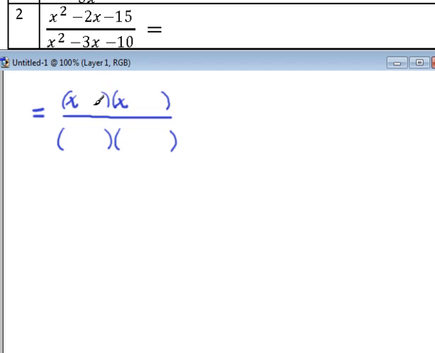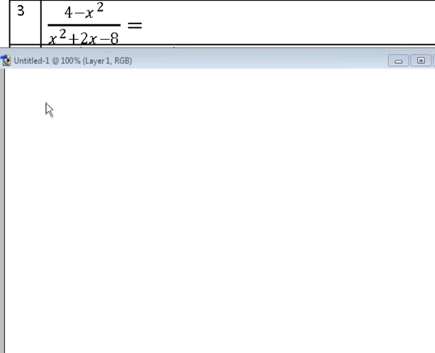Let's see, 5 times 3, so that's a minus 5 and a plus 3. And in the denominator we have x times x, and we have 5 times 2. That's a negative 5 and a positive 2. All right, so here are two factors in common. So we reduce, and we get x plus 3 over x plus 2.